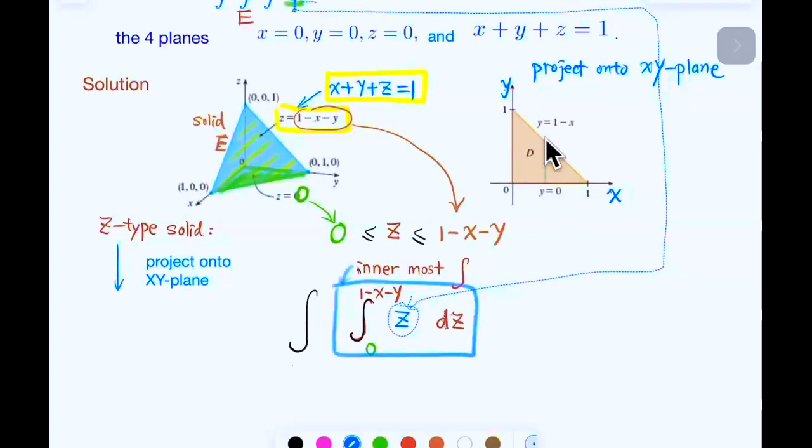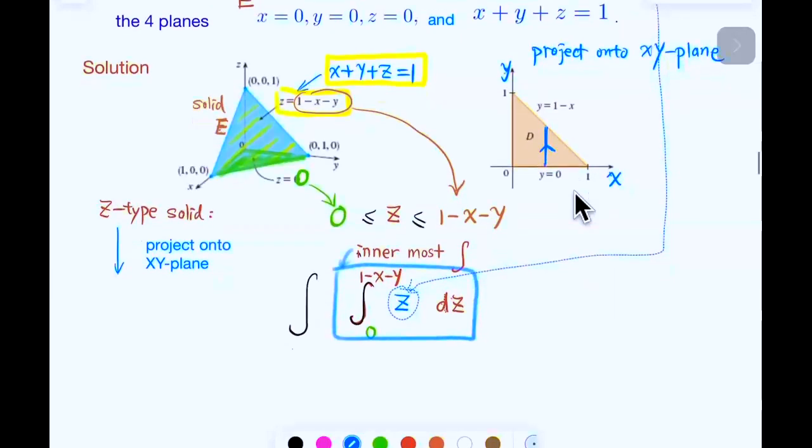If you draw it this way, from below to above, it will be a type 1 region. Then you integrate with respect to y first, y goes from 0 to 1 minus x. And then finally, integrate with respect to x, x goes from 0 to 1. So you're able to set up the integral here.